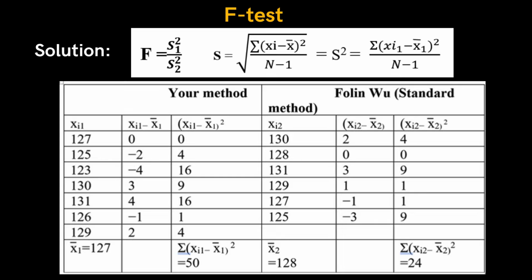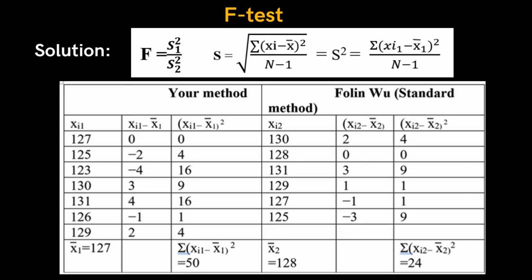And the next, second column will be the difference of xi1 and x bar 1, the values calculated will be 0, minus 2, minus 4, 3, 4, minus 1 and 2. And the third column will be the square of the difference of xi1 and x bar 1, and values will be 0, 4, 16, 9, 16, 1 and 4 and their summation will be 50, which is used for the square of standard deviation.